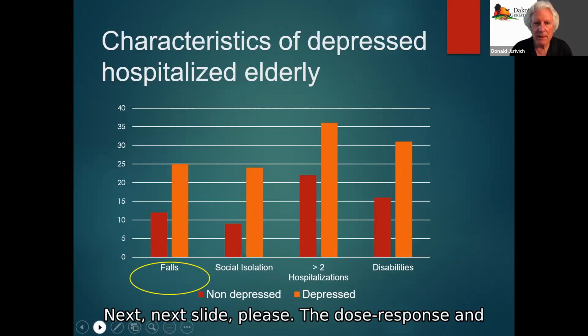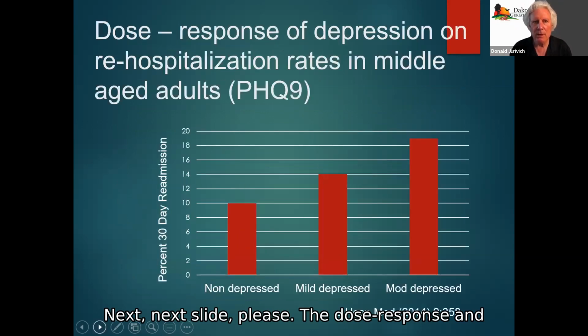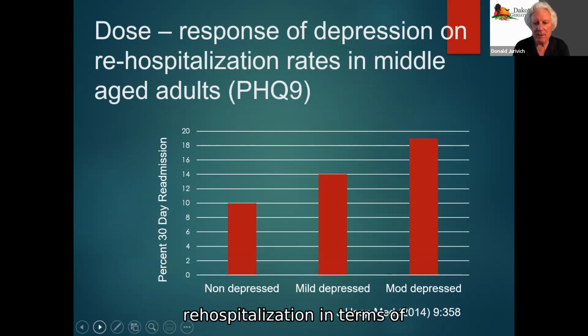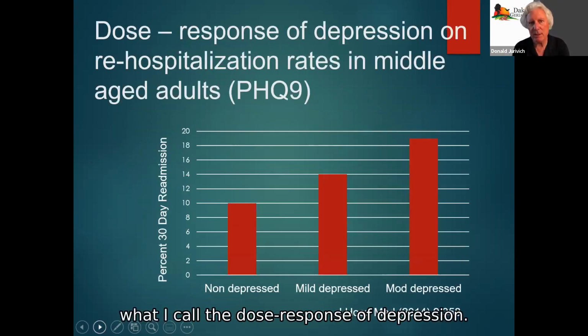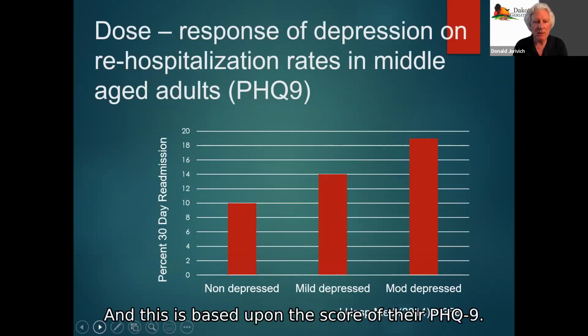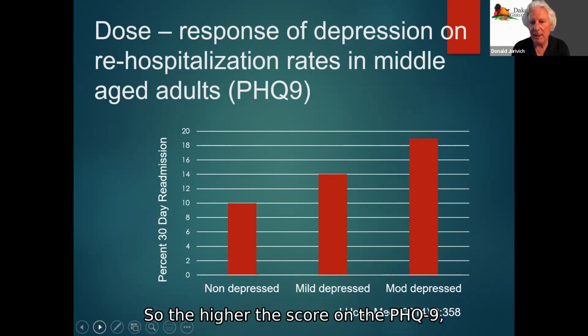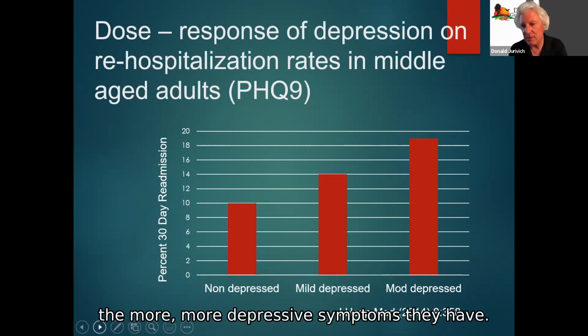Okay, so next slide, please. So the dose response on rehospitalization, in terms of what I call the dose response of depression, is based upon the score of their PHQ-9. So the higher the score on the PHQ-9, the more depressive symptoms they have.